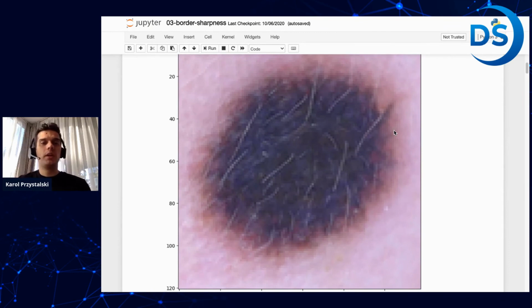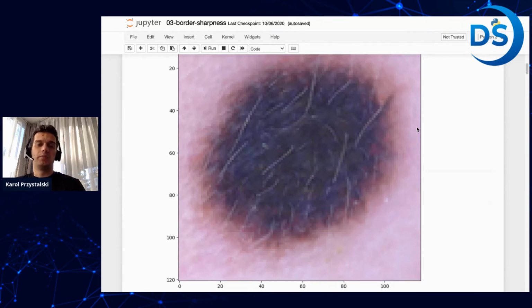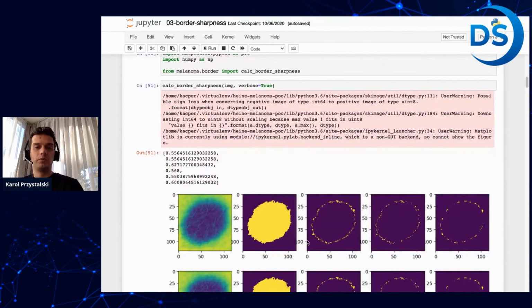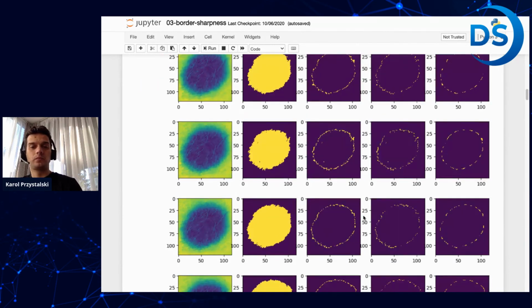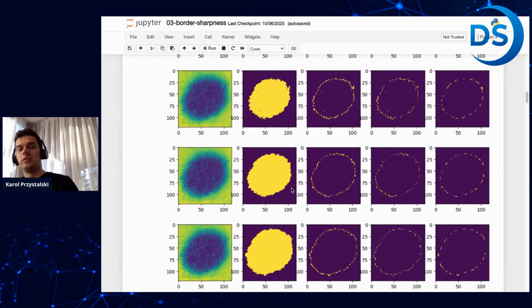So B is border sharpness. What is the shape? What is the smoothness of the border? What we do is take the border here and try to find out how many of these dots we really have, on different levels.